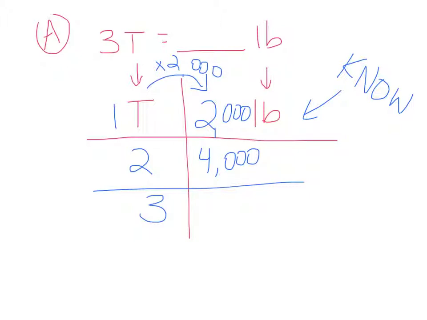Times 2,000. So if I use that rule here, 3 times 2,000, that equals 3 times 2 is 6, and I've got 1, 2, 3 zeros. Equals 6,000, so that plugs back in here. 3 tons is the same as 6,000 pounds.